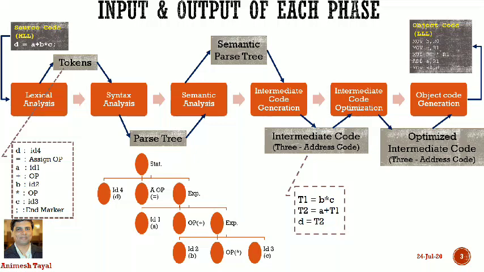I think you will understand all the inputs and outputs of each phase. Now we will discuss each phase and its functionality, important points, with detailed examples in the next video. Thank you very much.